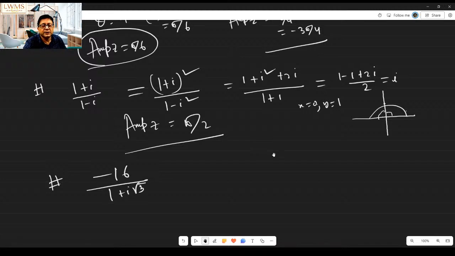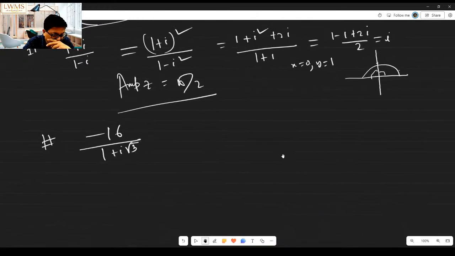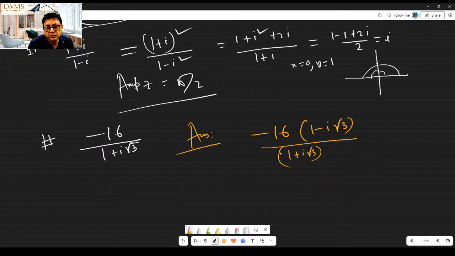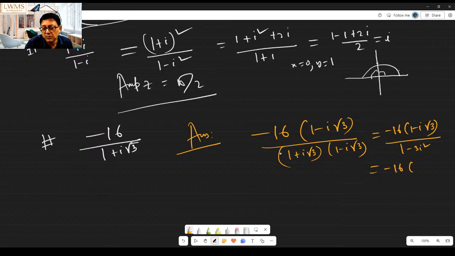Amplitude of this complex number. Do it yourself.